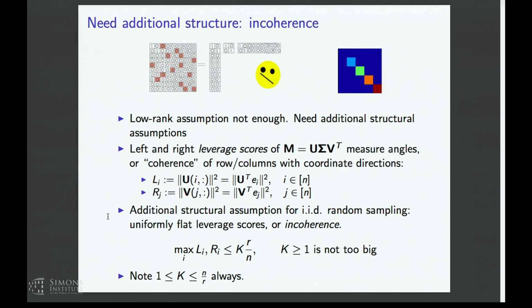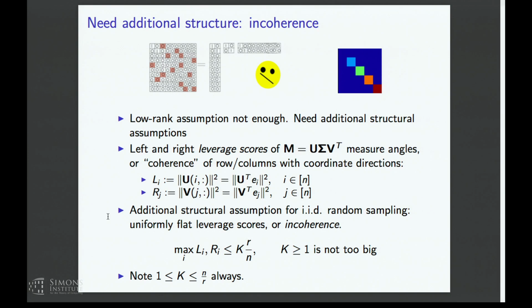So it measures how aligned the matrix is on the left with the ith canonical basis vector. And same for the right singular vectors. Okay, so an additional structural assumption besides low rank is that the underlying matrix has uniformly flat leverage scores. And that's more or less what incoherence in matrix completion is.